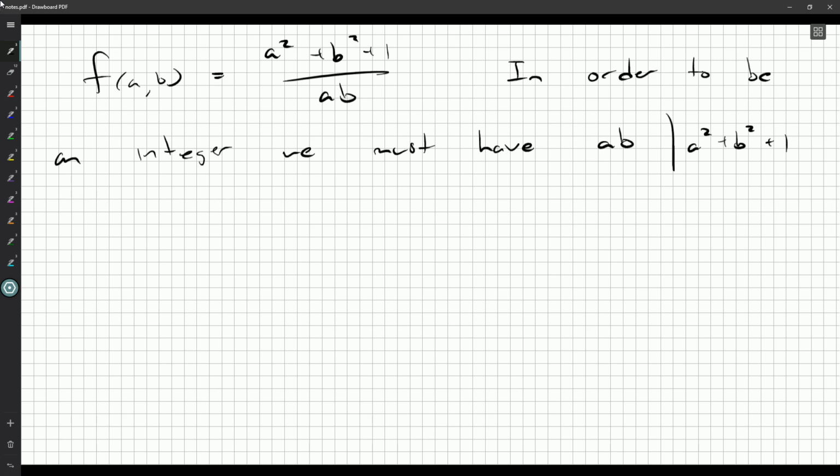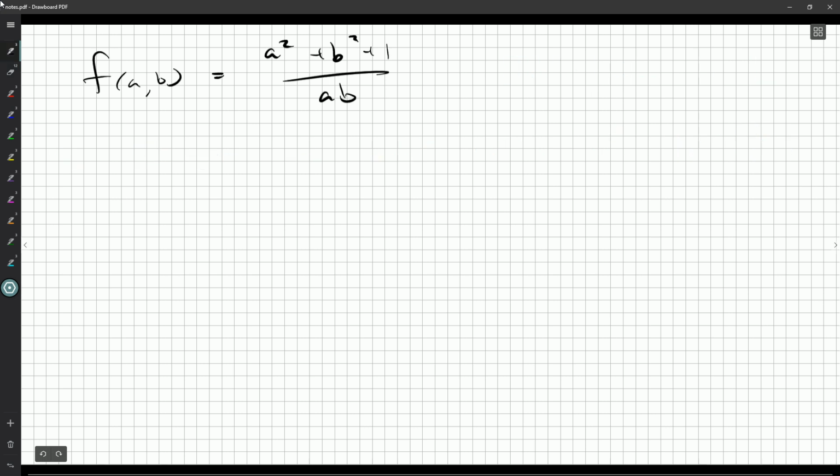Now, we also need it to be a multiple of 3. So maybe, no, I don't think this is the right way to say it. So if this is some integer k, and a squared plus b squared plus 1 equals kab, what we need to do is show that k needs to be a multiple of 3.